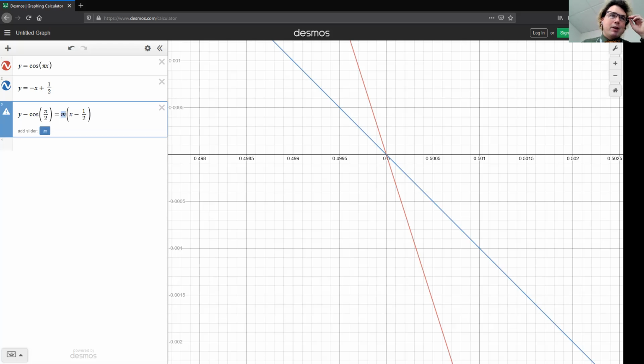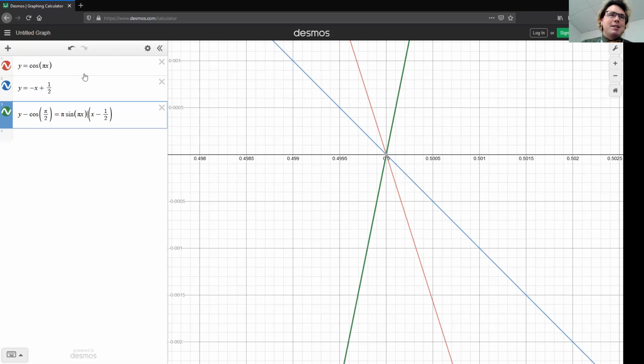And what is the slope? It's going to be the derivative of this function at the coordinate x equals 1/2. So I know the derivative is pi times the sine of pi x, and x equals 1/2. Excuse me, minus sine is the derivative.